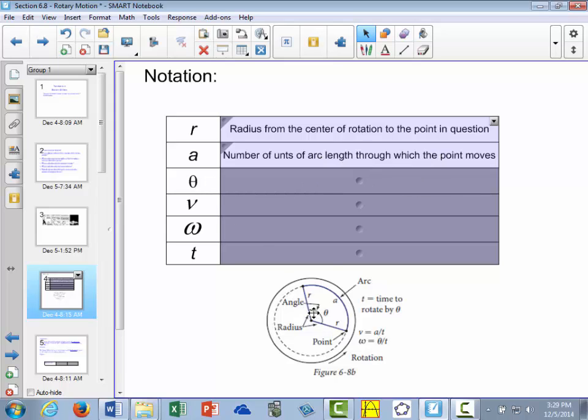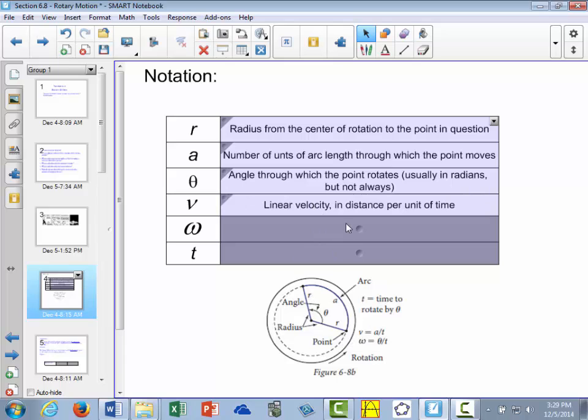Theta, as you can see here, will be the angle through which the point rotates. Usually we'll measure it in radians, but not always. The V is going to stand for the linear velocity in distance per unit of time. So that's the linear velocity.